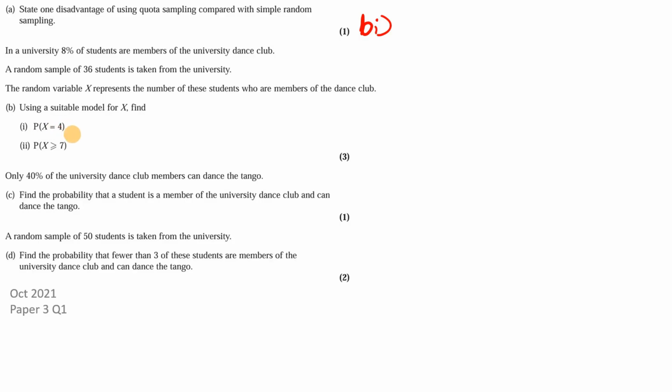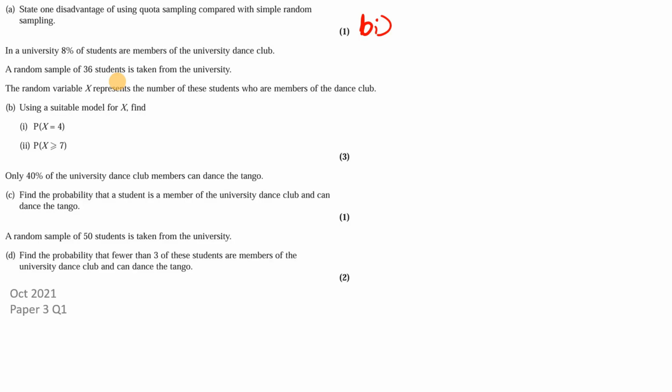So we can use a binomial distribution to represent this scenario, because it fits the 4 criteria. There is a fixed number of trials because we have a sample of 36 students, so n is equal to 36. There are two possible outcomes, success and failure. Success is the student is a member of the dance club. Failure is that a student is not a member of the dance club.